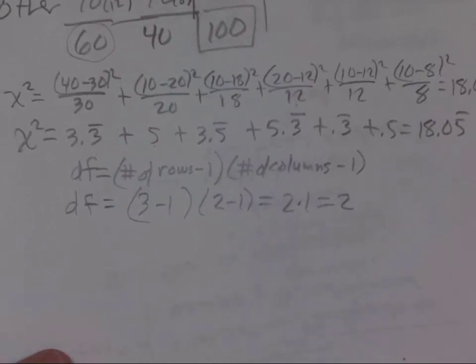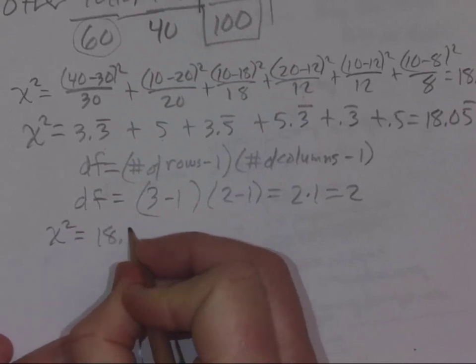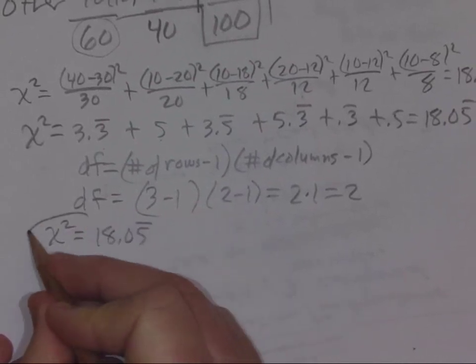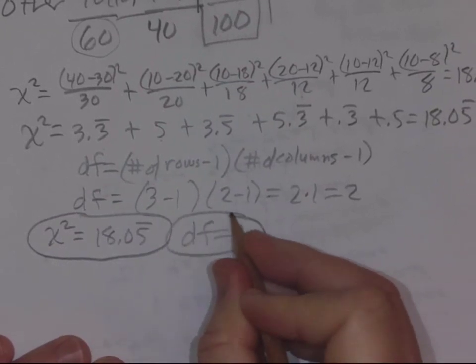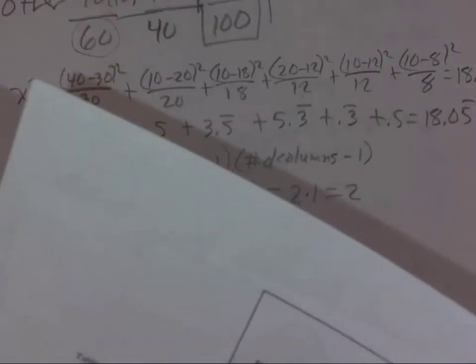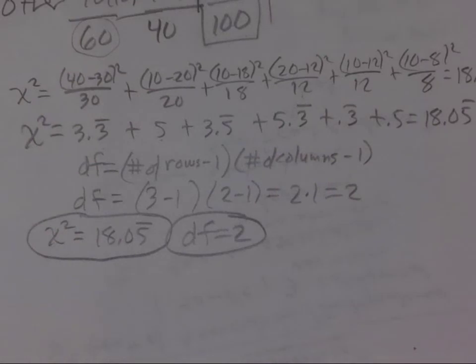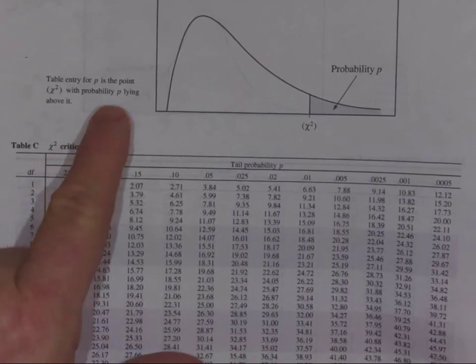Now we have to find our p-value. Our chi-squared test statistic is equal to 18.05 repeating, and our degrees of freedom is equal to 2. How do we find our p-value? On your tables, this is the last of our tables, table C, chi-squared critical values.